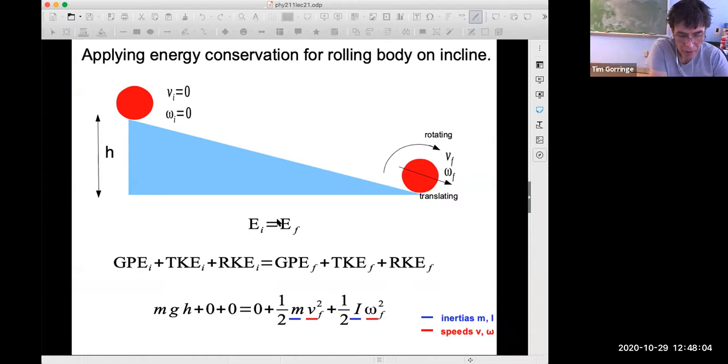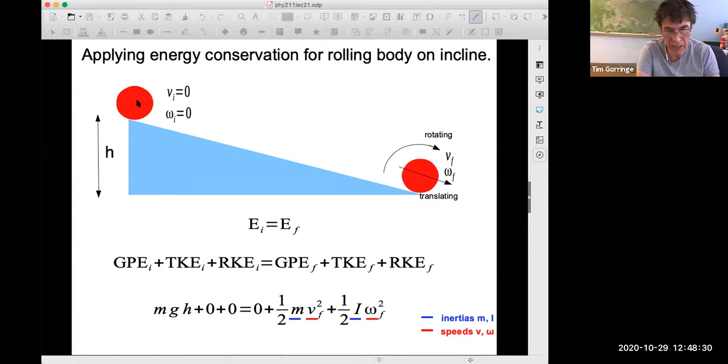Okay, so I made a sketch of the question that we were asked. We've got an incline, here it is in blue, and we've got an object at the top of the incline, and it's going to roll down the incline. And this object might be the sphere, it might be the cylinder, or it might be the ring.